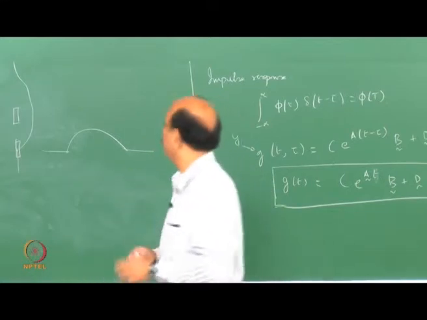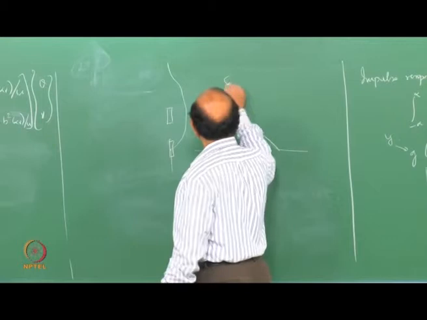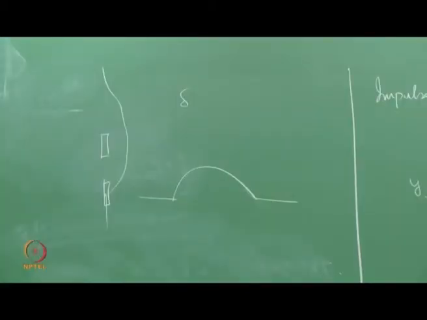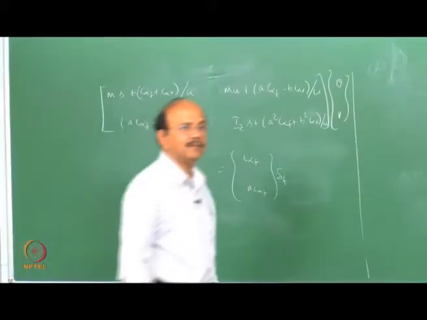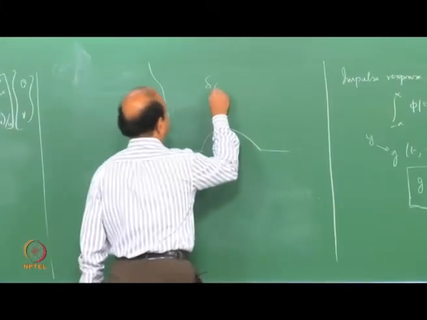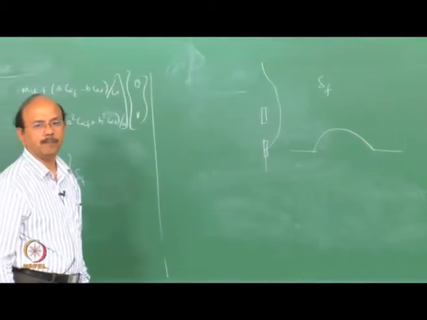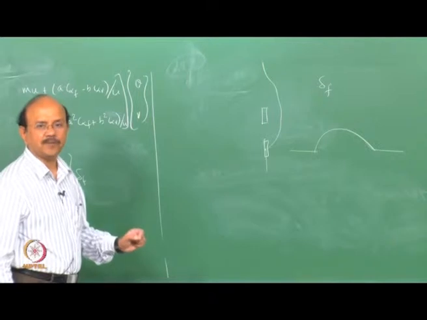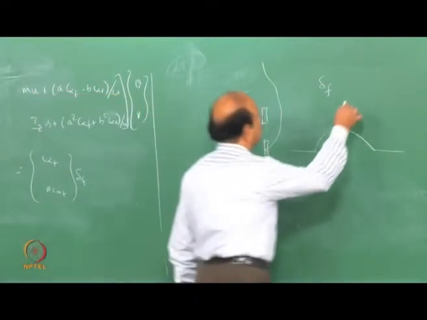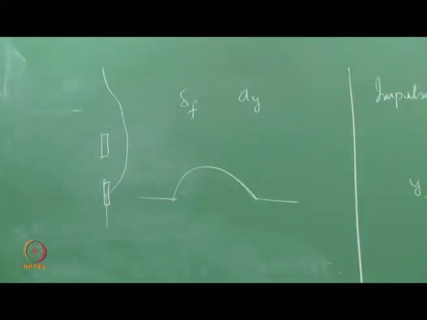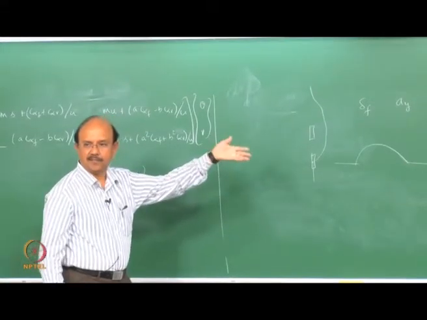So what is it that you are interested in? Given a delta, in both cases you are giving only the steering input, given the delta on the front, what is the response of the vehicle as far as the lateral acceleration is concerned? Either you can write it as u squared by rg or u squared by r, it doesn't matter.